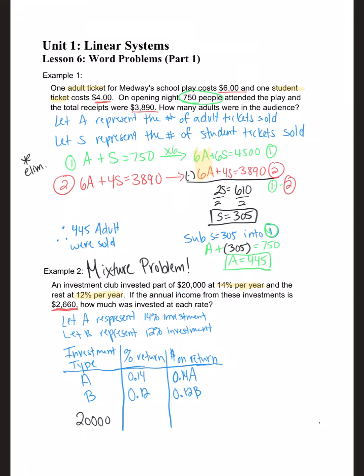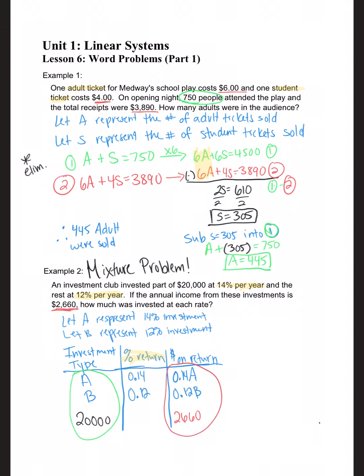Okay, so if we were to add the return from investment A and the return from investment B, it should be $2,660. Okay, so those really represent our equations. That return part in the middle is just to essentially help us identify the expression for what the return will be for investment A and investment B. So we're going to use each of these columns to set up our equations.